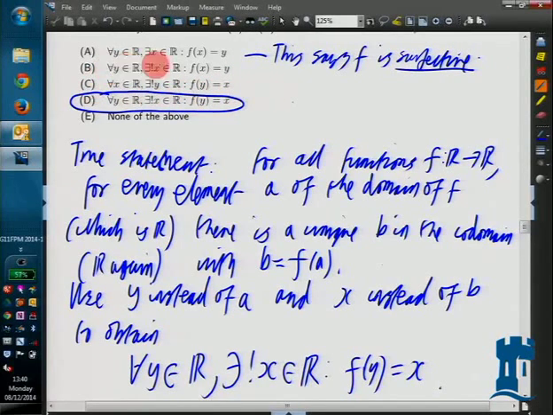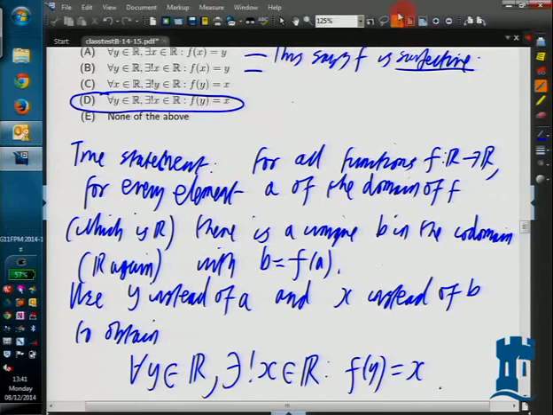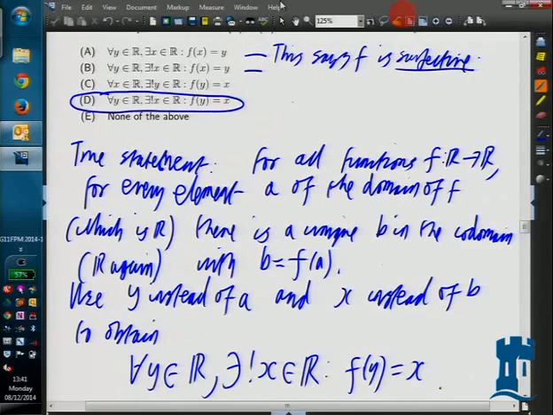For all y in R, there's a unique x in R such that f of x equals y. Who could tell me what that one would tell you about the function? So you're going for injective. Any other?